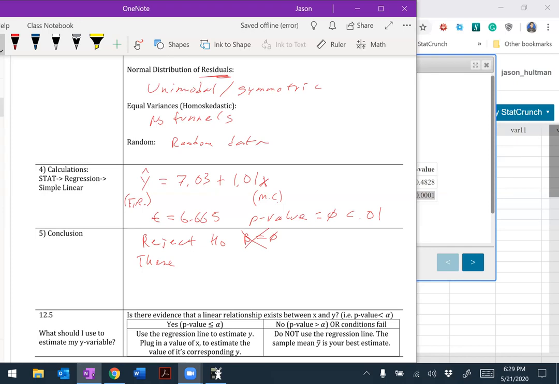There is sufficient evidence to suggest a positive correlation between the multiple choice and free response scores.